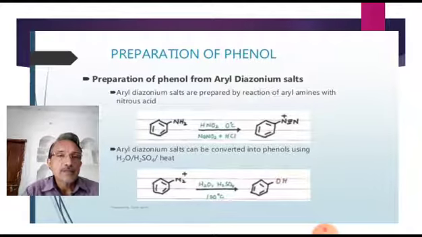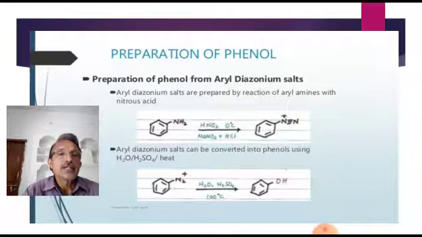So, first step is formation of benzene diazonium salt. For this purpose, we can take aniline. C6H5NH2 is aniline. Aniline on treating with nitrous acid at 0 degree centigrade gives benzene diazonium salt. On treating NaNO2 with HCl gives HNO2.